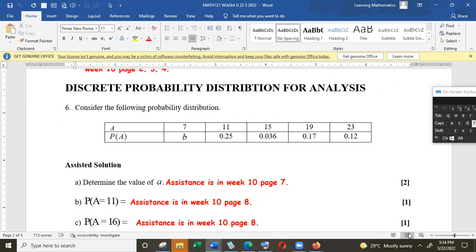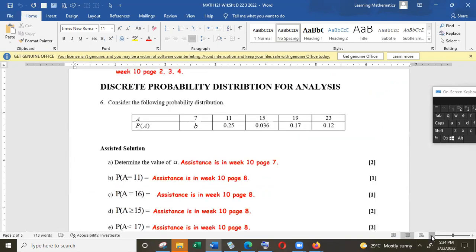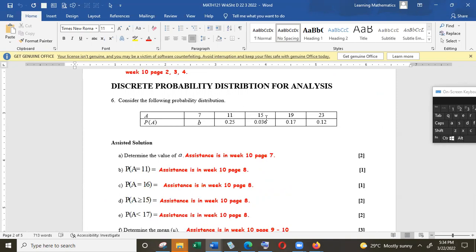Here you have a table called a discrete probability distribution.